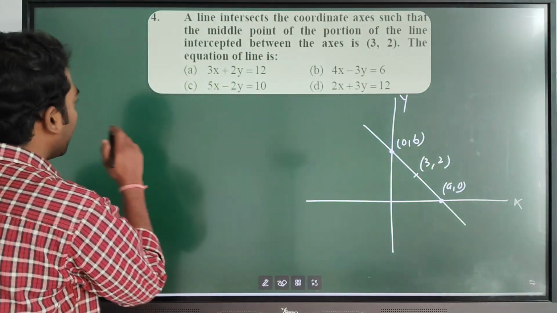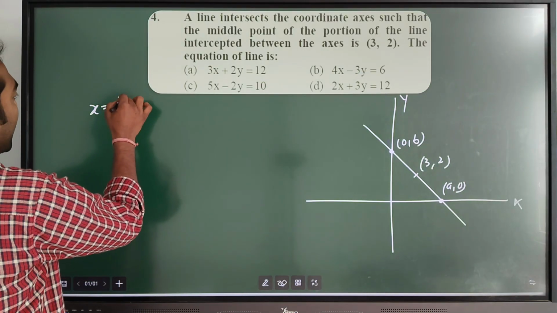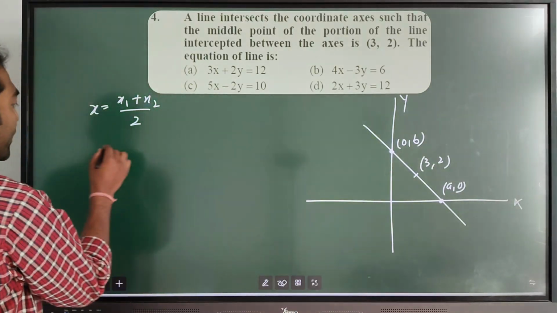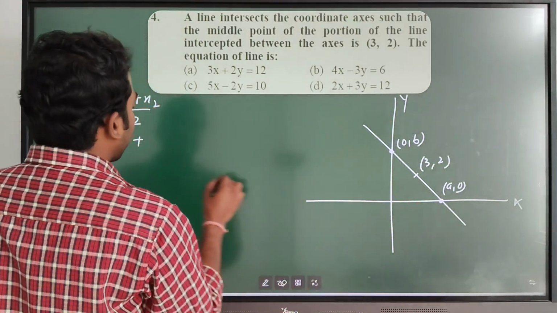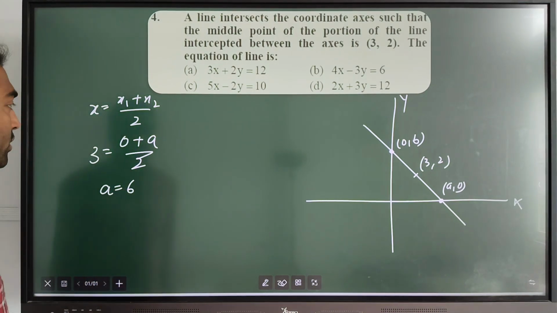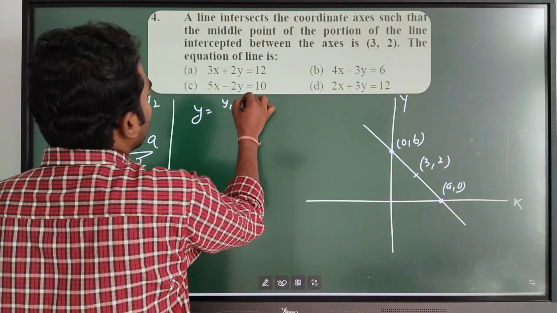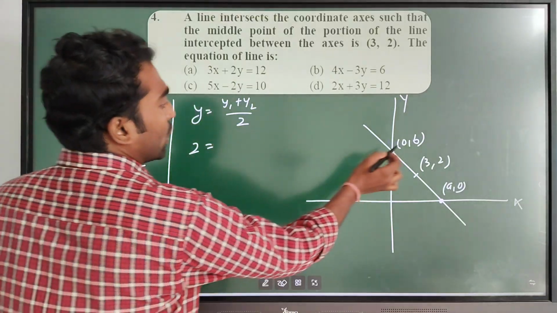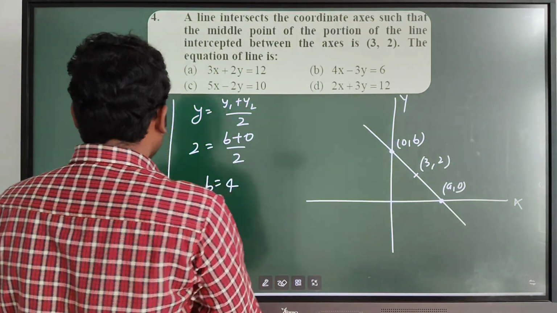If you take the midpoint formula, x is equal to x1 plus x2 by 2, so 3 is equal to 0 plus a by 2, which means a is equal to 6. Similarly, y is equal to y1 plus y2 by 2, so 2 is equal to b plus 0 by 2, which means b is equal to 4.